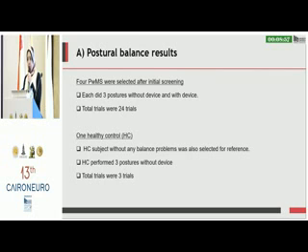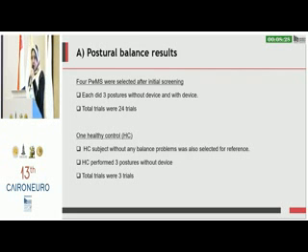During quiet standing, the patient will be in 3 different postures. The first is with eyes open and feet shoulder width apart. The second posture is with eyes open with a narrow base of support, and the third posture is with eyes closed and feet shoulder width apart.